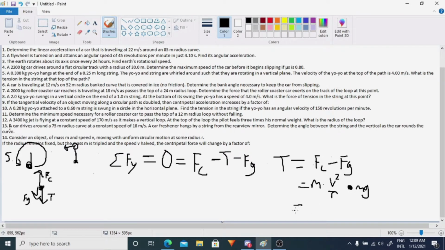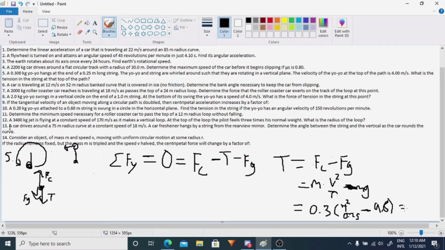So when we plug all our numbers in, I'm going to factor out the m for simplicity. m is 0.3 times, and then v at the top is 4, so 4 squared over r, which is 0.25. Sorry, this should be a minus g, as we factored out m.